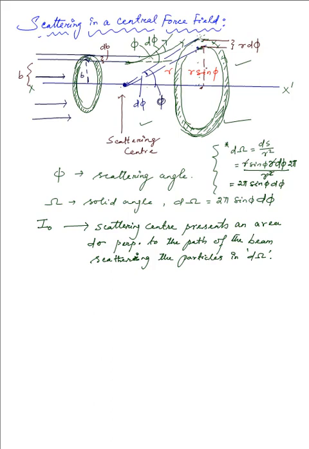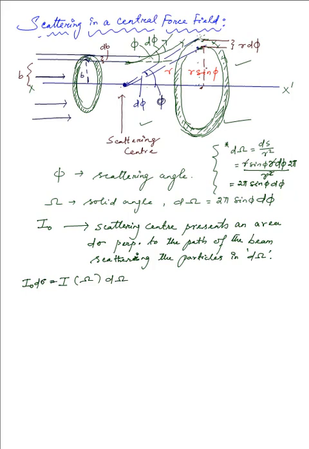So what we end up with is that I of omega is something we say is the intensity of the scattered particles, the number of particles scattered in the direction omega per unit solid angle per unit time. Then the number of scattered particles in that small solid angle d omega about omega can be given as I naught d sigma, and that will be equal to I omega times d omega.